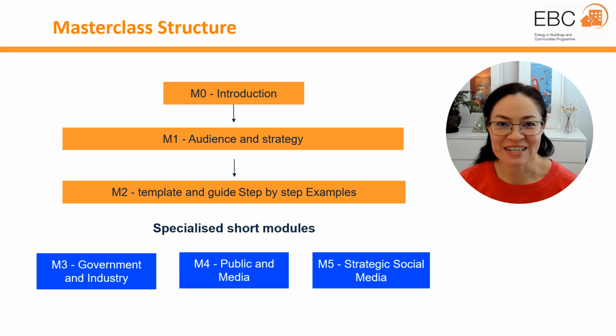Strategic social media is one of the specialised short modules that we're including as part of the Impact Masterclass. By now, you'll have been through the introductory module, Module 1 focusing on audience and strategy, and Module 2, which looks at using the templates, writing guides and resources that have been provided for you.